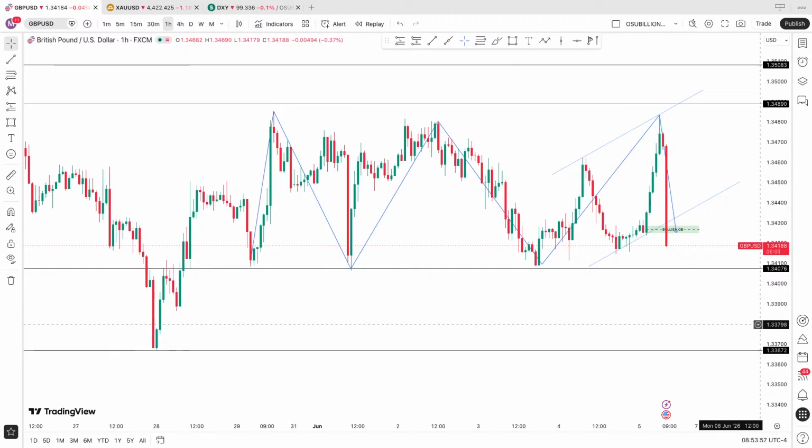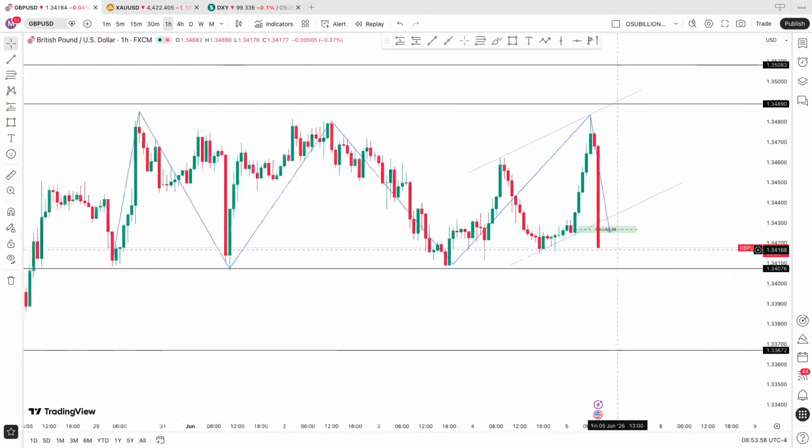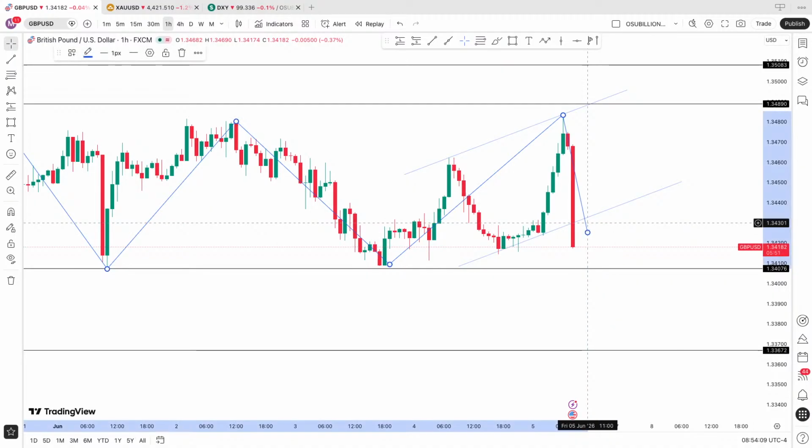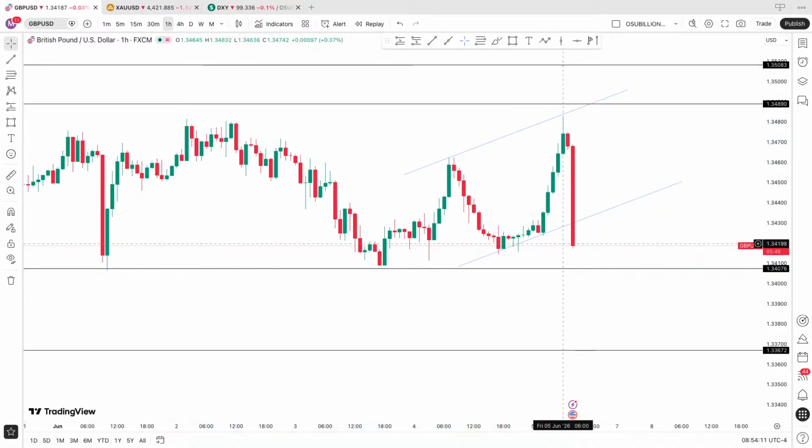Let me state something. The market actually proved something, and it came to mind. It proved the fact that at the start of a market, we have accumulation, manipulation, and then distribution.